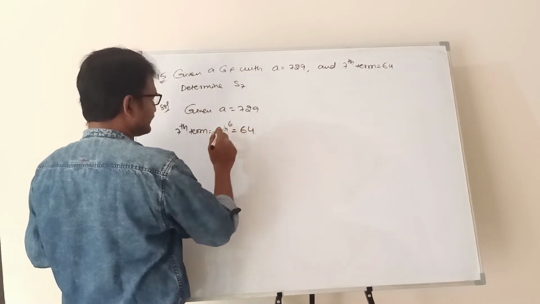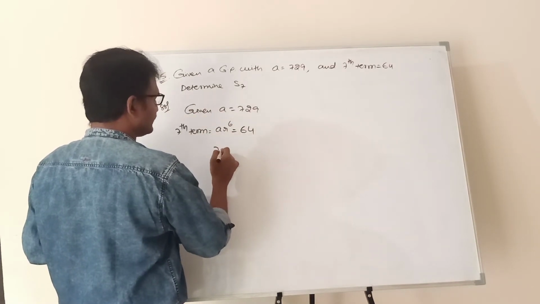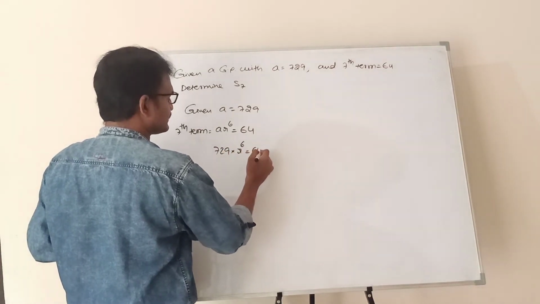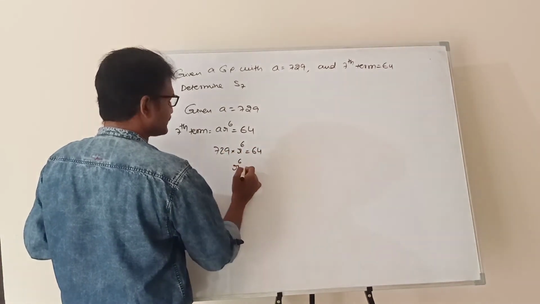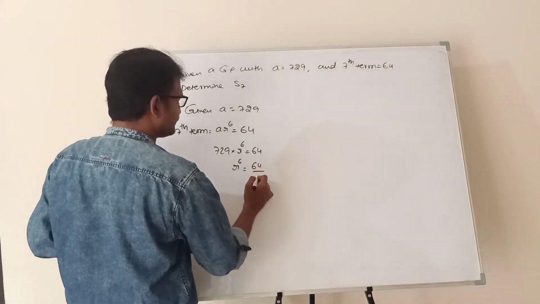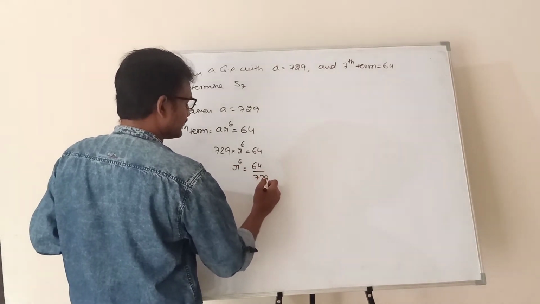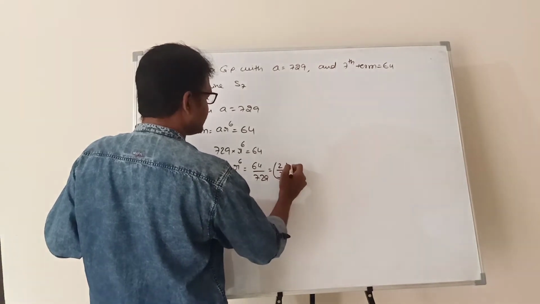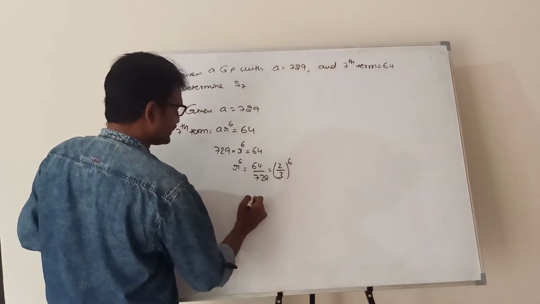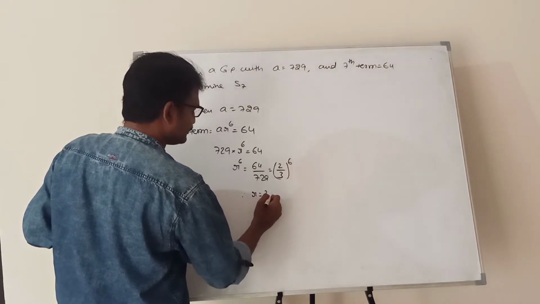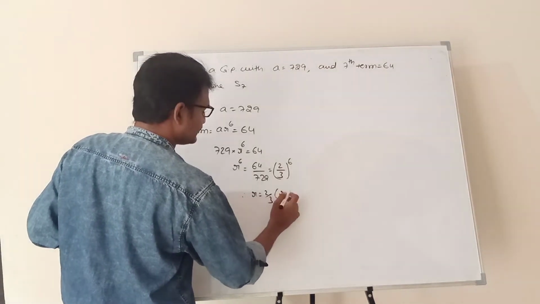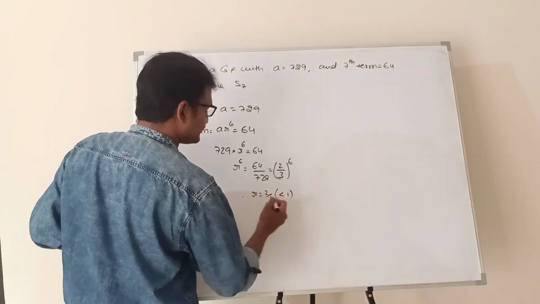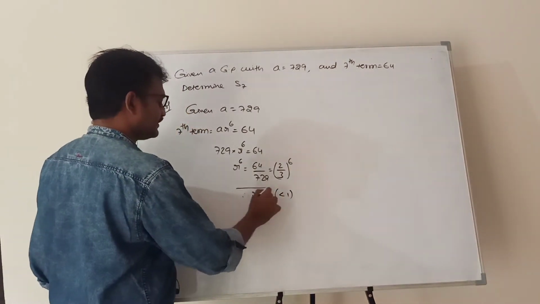Here the a value is given, 729 into r power 6 is equal to 64. r power 6 is equal to 64 by 729. This is 2 by 3 whole power 6. Therefore, r is equal to 2 by 3. 2 by 3 is less than 1, about 0.6. This is the value of r.